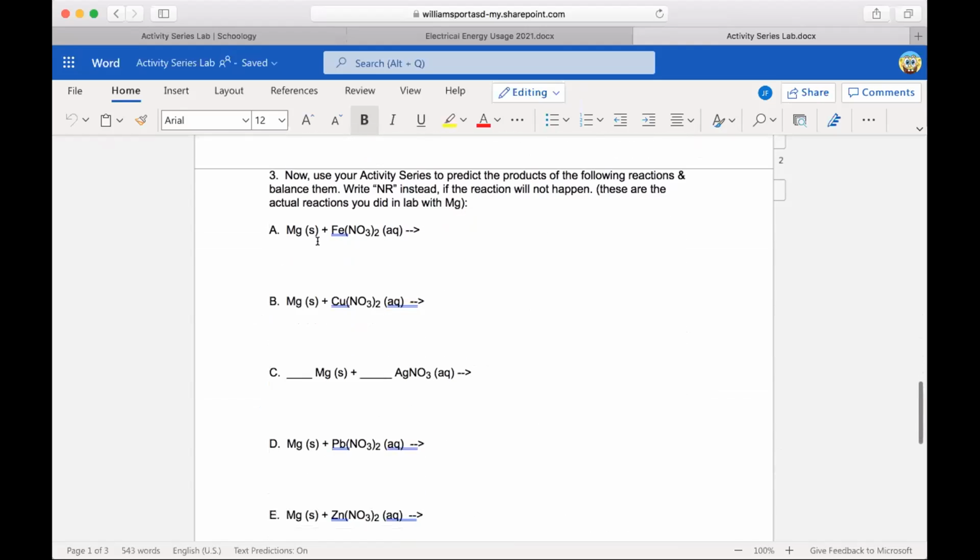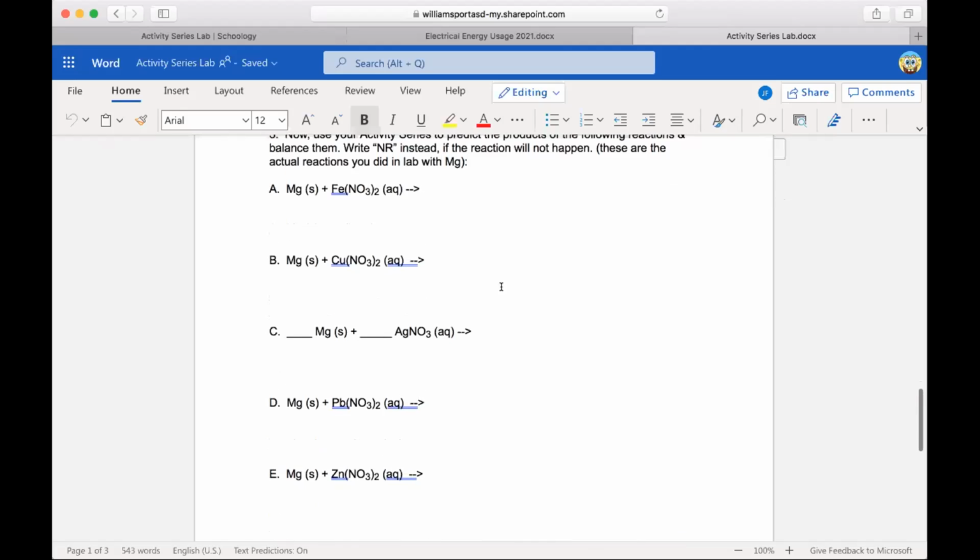In the last part, this is just more practice using the activity series to determine if the reactions take place. If no reaction takes place, just write NR. So for instance, magnesium and iron nitrate: you look on the activity series, and if magnesium is above iron, then the reaction takes place, and the products are magnesium nitrate, and the iron goes by itself.